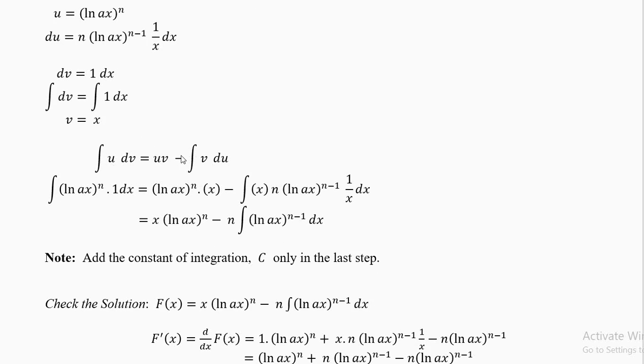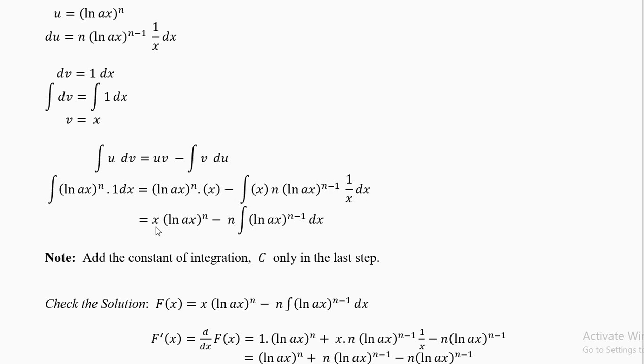Now use your integration by parts formula. You will get u into v, which is x, minus the integral of v du. V is equal to x and du equal to this quantity which we copied here. The x will cancel with 1 over x and this n will come out.